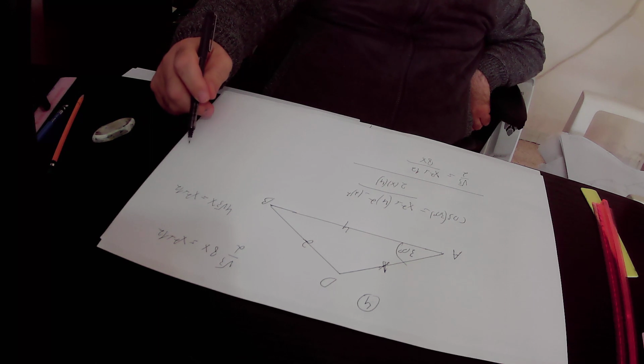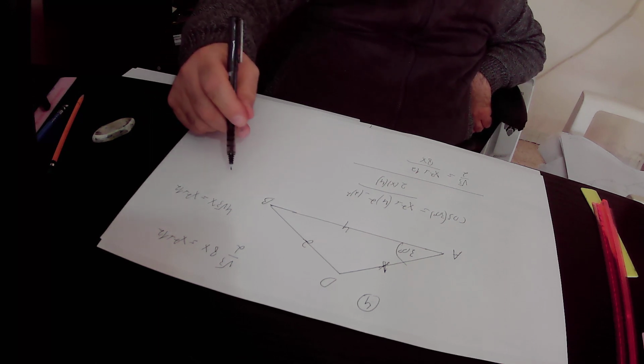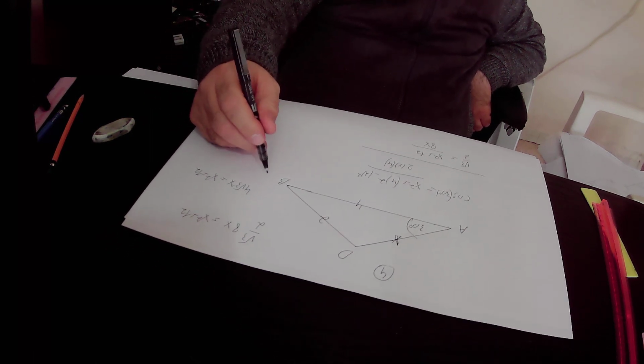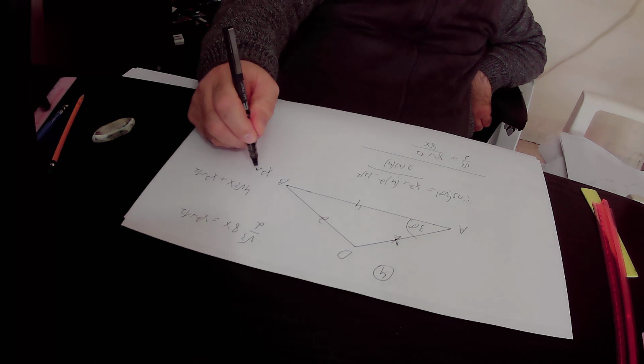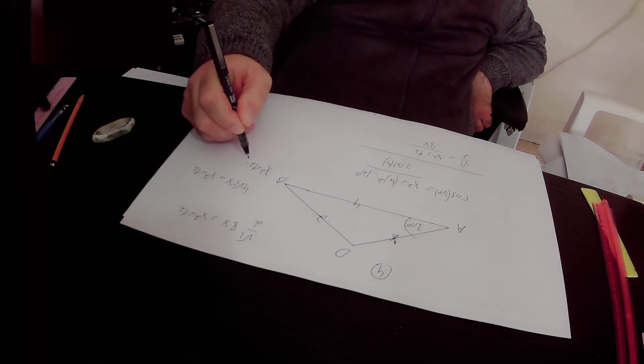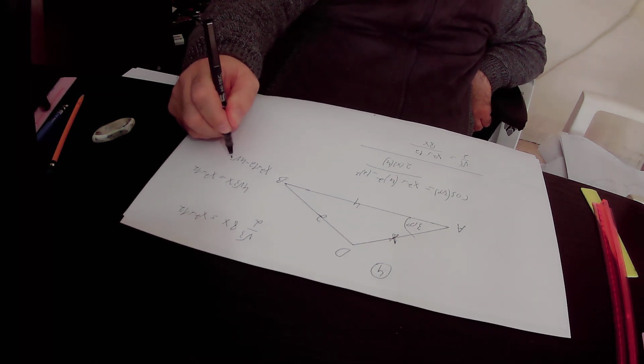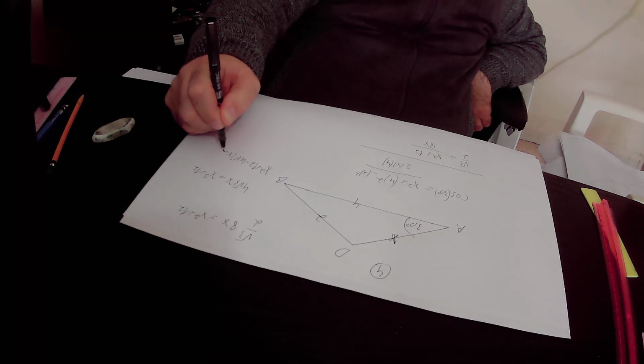Here we subtract 4 times square root of 3 x from this equation, and we will get that x squared plus 12 minus 4 times square root of 3 x equals 0.